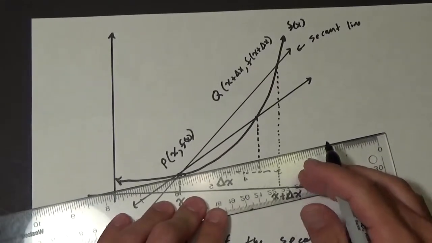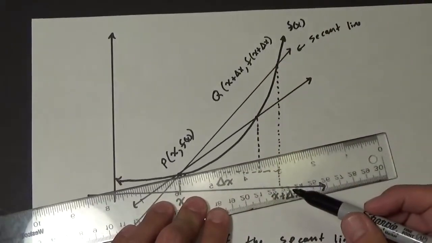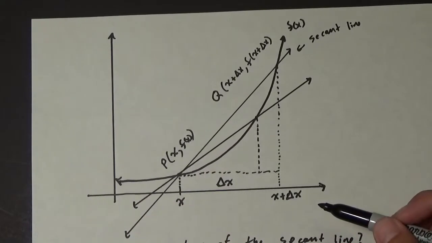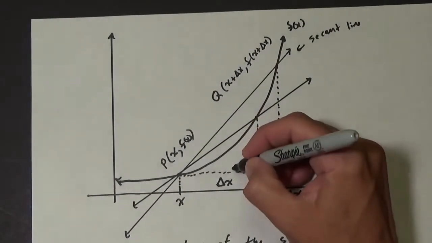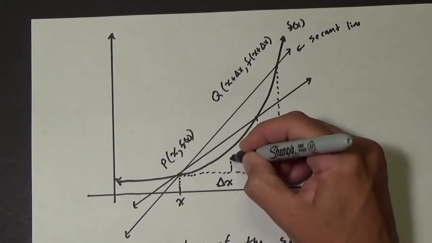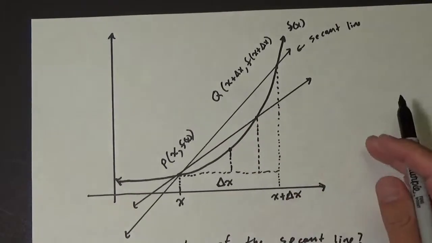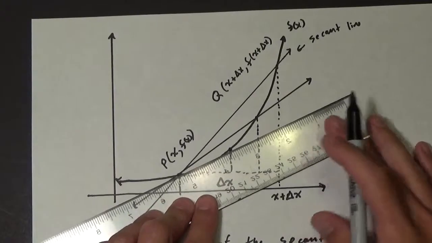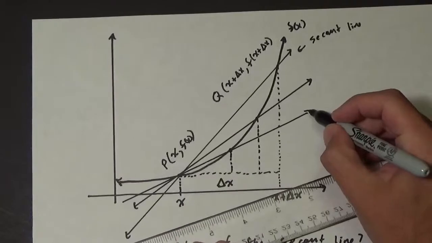So here's our tangent line. So the slope of this secant line is going to be much closer than the slope of this secant line. But then we think about it and we go, well, wait a second, we can even make this better. So why don't we put in a delta x that's only this big? So again, we have another secant line.